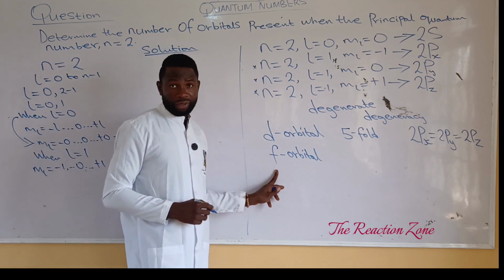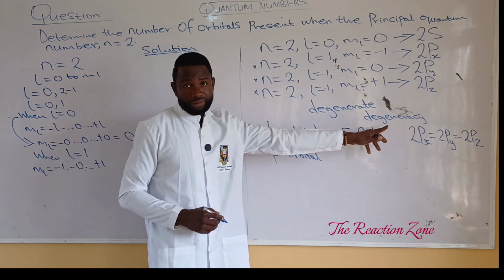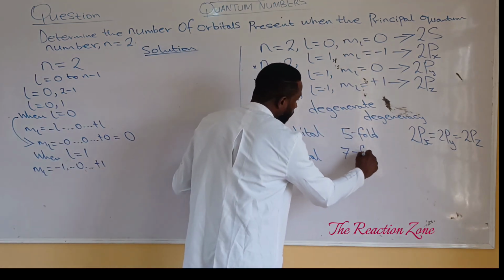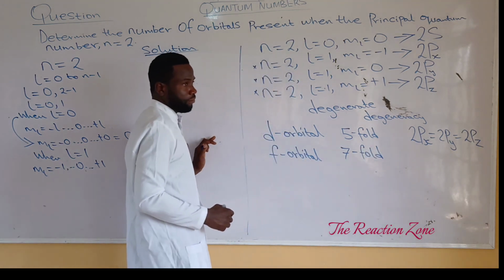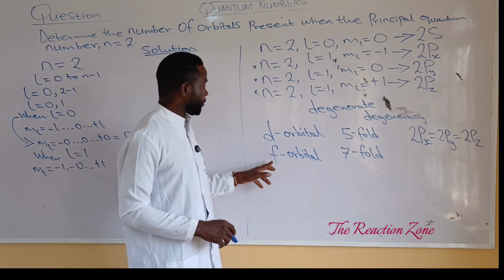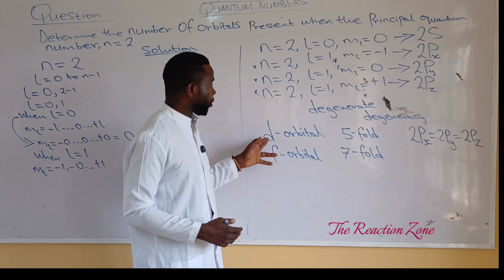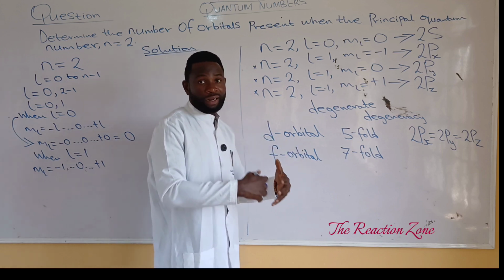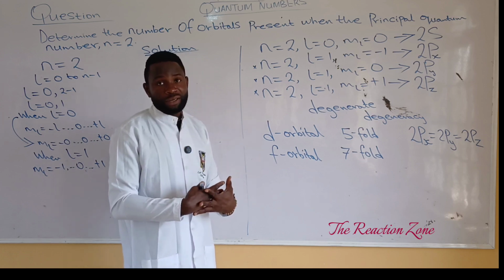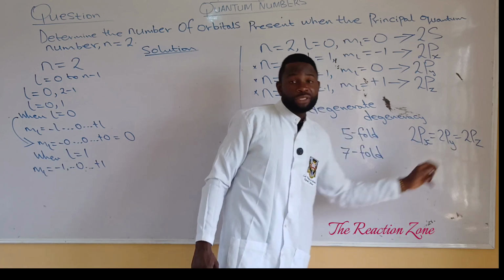In the f subshell, there are 7 orbitals that exhibit degeneracy. What this means is that the f orbital is 7-fold degenerate, meaning that there are 7 orbitals in the f subshell that have equal energy. In the d subshell, there are 5 orbitals that have equal energy. In the p subshell, there are 3 orbitals that have equal energy, and they are 2px, 2py, and 2pz.